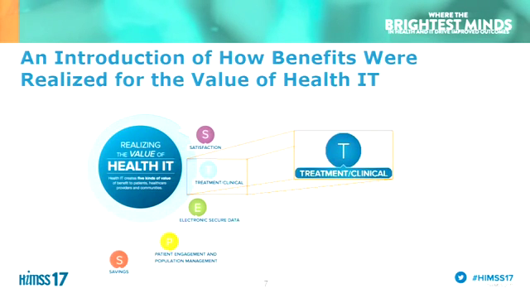From the OIG perspective, it's always a little challenging to explain the relationship between our work and the value of health IT, because as an oversight agency, we really feel like all of our work can enhance each of the 5 kinds of value that health IT can bring to patients, healthcare providers, and communities. But for our presentation, we flagged the treatment and clinical step because our mission is to protect the integrity of HHS programs, but it's also to protect the health and welfare of program beneficiaries.